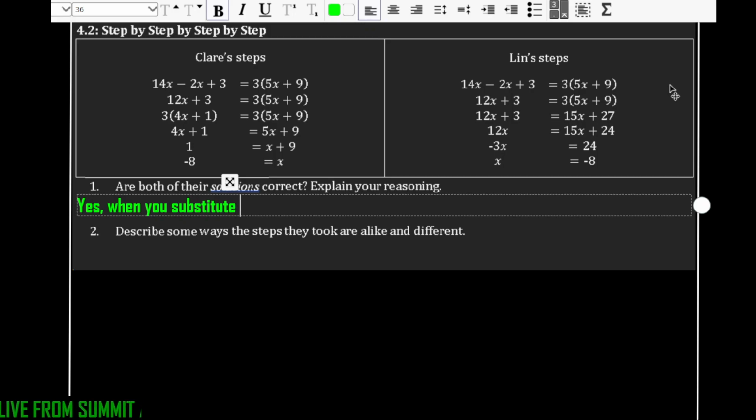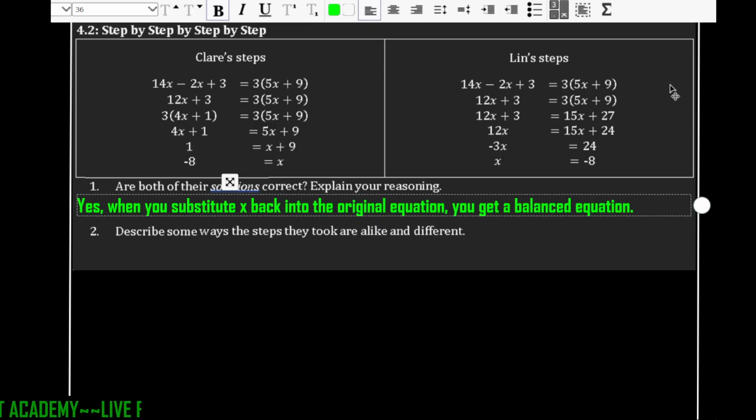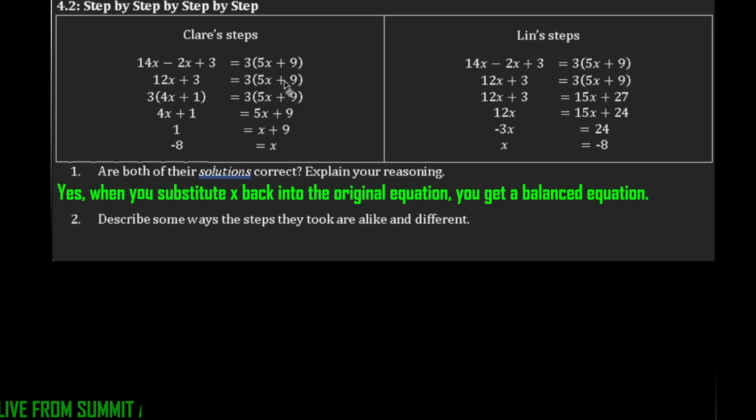When you substitute x back into the original equation, you get a balanced equation, because each of those steps is correct, even though they took different ways of doing it.